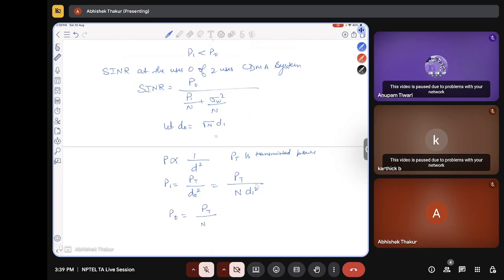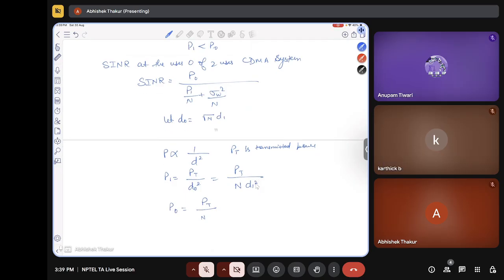So let d0 be equal to the square root of n d1, and power is inversely proportional to d square. So we can write P0 is Pt by d square. So P1 we can write transmitted power by d0 square. So again here we can write Pt by d0 square, so it will become n d1 square.